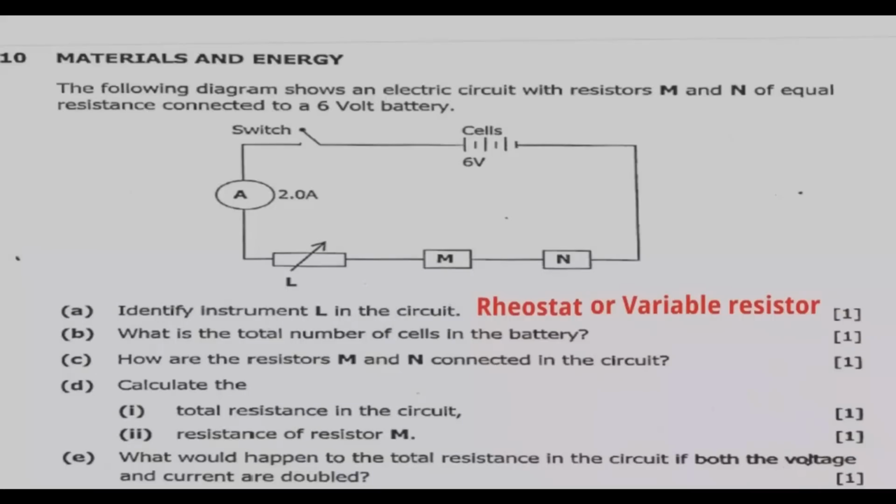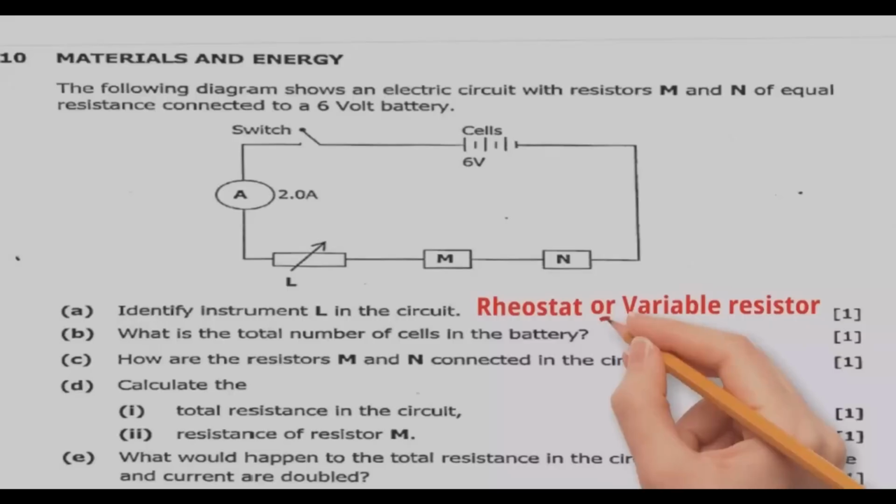Then question 10b is, what is the total number of cells in the battery? How many cells are in that battery which has 6 volts? We can see that there are 3 cells.